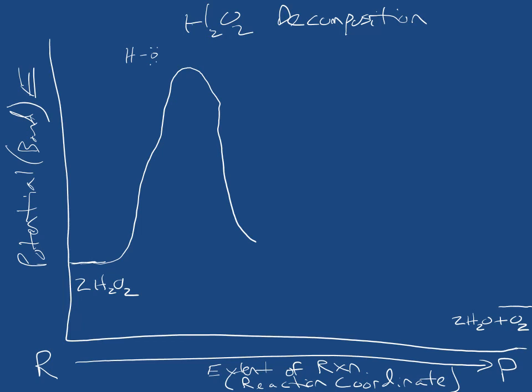We have this bond breaking in H2O2. And most books say, right at the breaking point, and we'll put a dashed line here, that's the point where the potential energy is the highest. That little dashed line is indicating that the bond is just about to break.